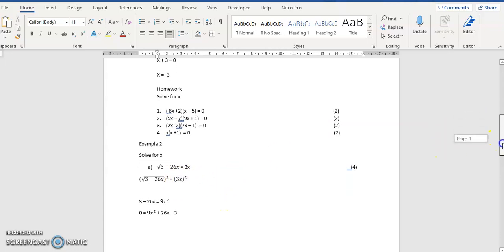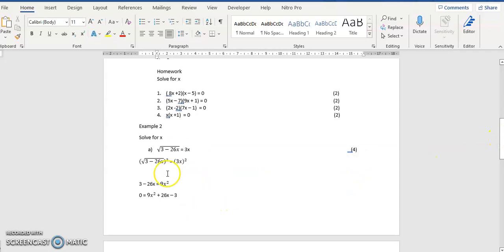Then if you square, you are going to get 3 minus 2x, all squared, is equal to 3 squared, which is 9, so you have 9x squared, because the square is affecting everything in the bracket.